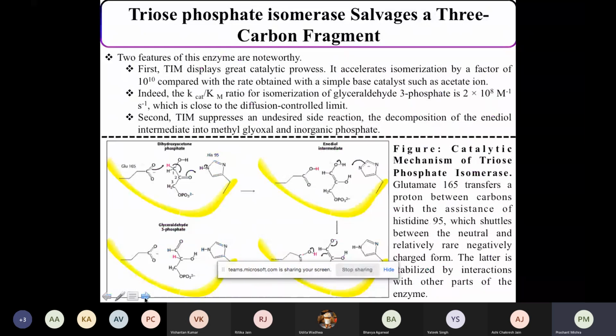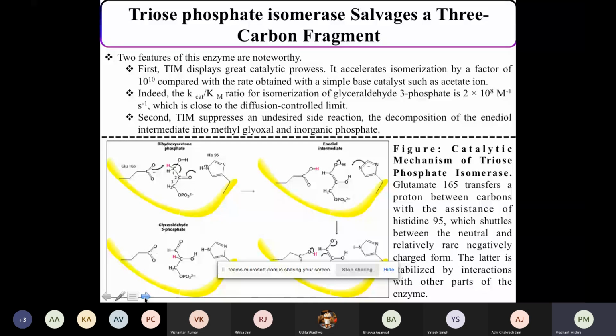So there are two features of this enzyme, TIM, that is triose phosphate isomerase. One of them is that it displays great catalytic power, which means its catalysis is very fast. It accelerates the isomerization by a factor of 10 to the power 10. How do we compare? We compare with the non-enzymatic reaction. Most of the time the reaction rate may be very, very slow.